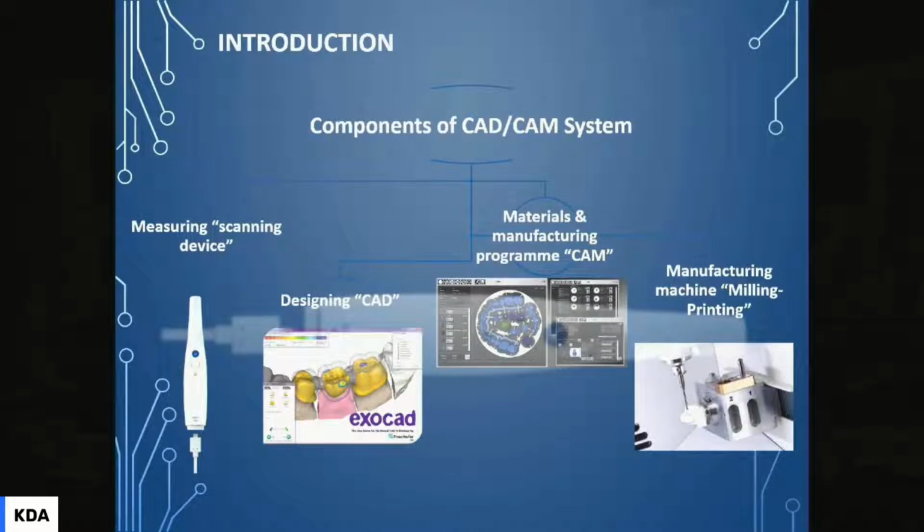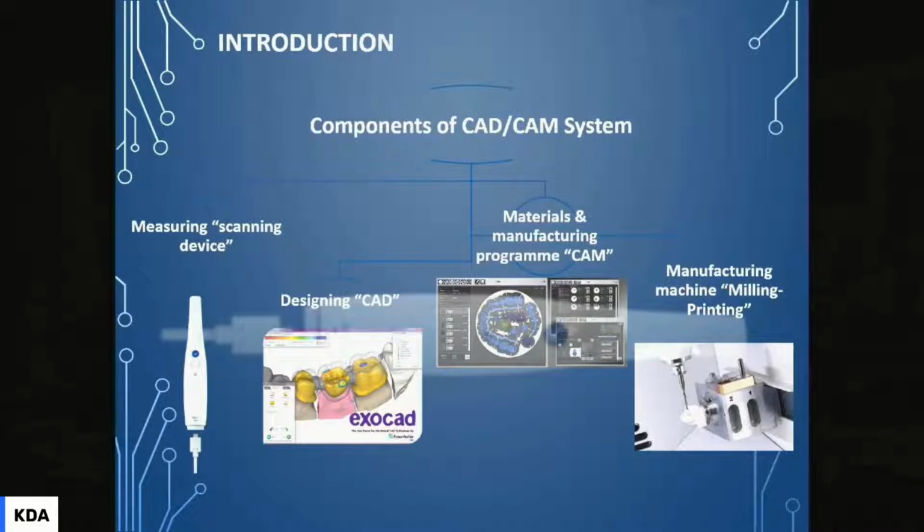The first step of any digital workflow will consist of taking a measurement for, let's say, a crown, let's say an implant, and using that, we can use either intraoral scanners or desktop scanners. And later on, we can design our prostheses through a designing software, which is the CAD part.